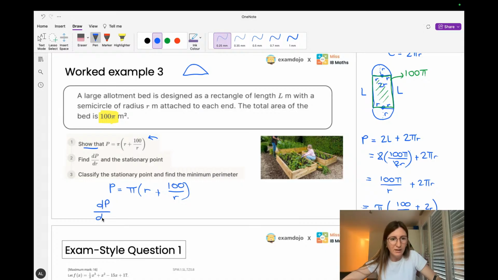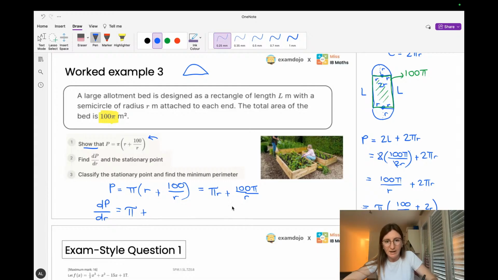We now need to find dP by dr, the derivative, and then the stationary point. So let's find the derivative. First, I'm going to just multiply that pi back in. So that's pi r plus 100 pi over r. It's just a bit easier to differentiate it like that. If I take the derivative of pi r, I'm just left with pi, because pi is just a constant.